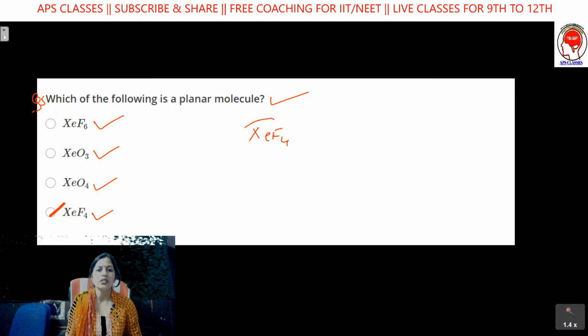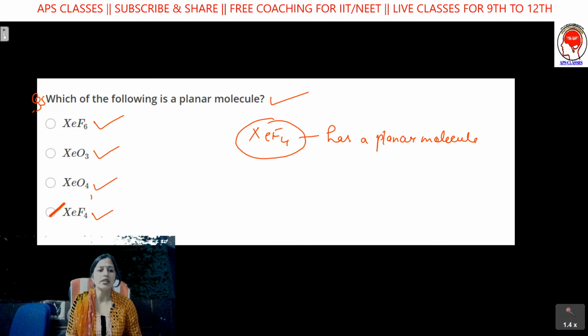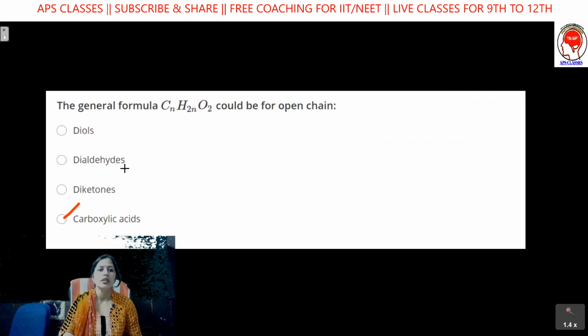So xenon tetrafluoride has a planar molecule. So option D is the right answer for question number 5.